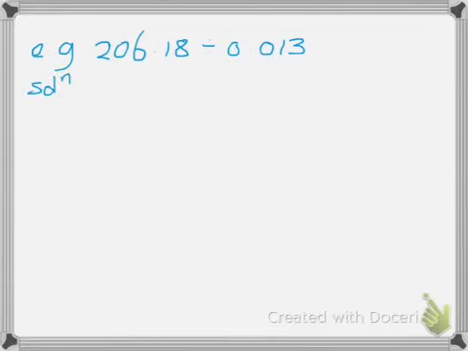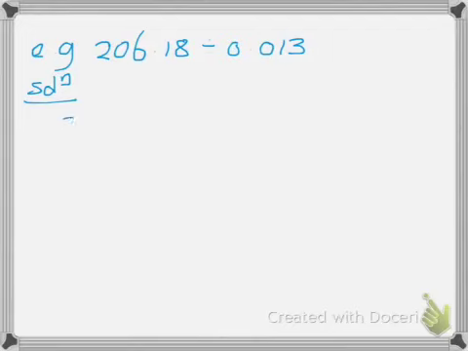Okay, so I'm now going to have a look at a division, and the division that we're going to have a look at is 206.18 divided by 0.013. And initially you might think that this is going to look quite hard, but what we're going to do is treat it as a fraction. So here's my solution.